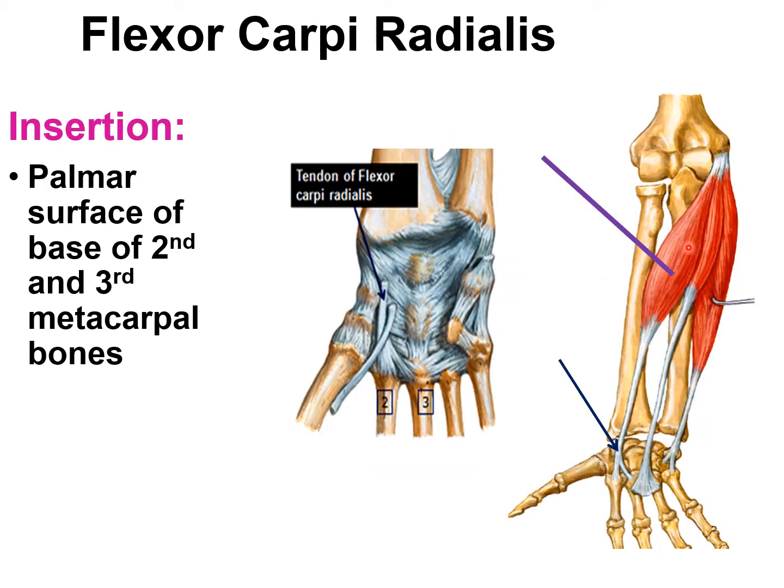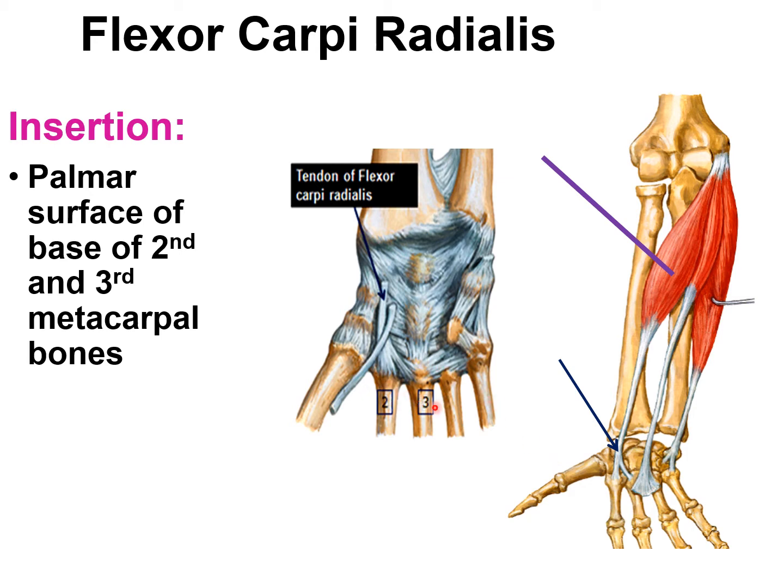So the flexor carpi radialis is getting inserted onto the palmar surfaces of bases of second and third metacarpal bones. So it is arising from a common flexor origin, passing deep to flexor retinaculum.